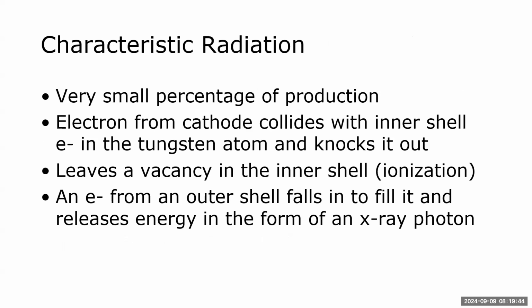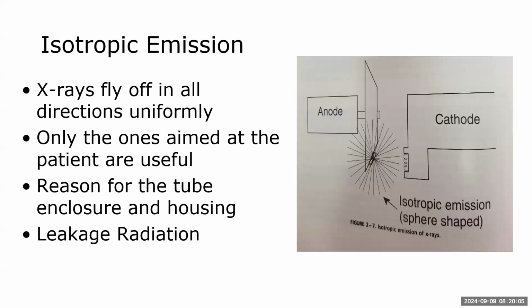So an electron from an outer shell sort of falls in to fill it and releases energy in the form of an X-ray photon. So again, most of the production of X-rays is going to be through the braking radiation. This is a very, very small percentage, but you do just need to understand those two terms, and we'll get into those in greater detail later.